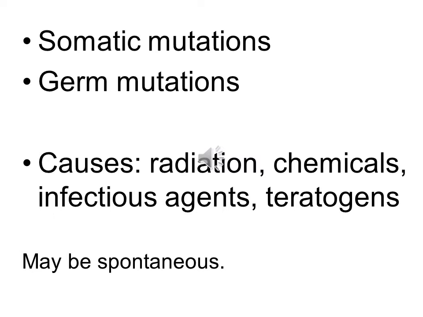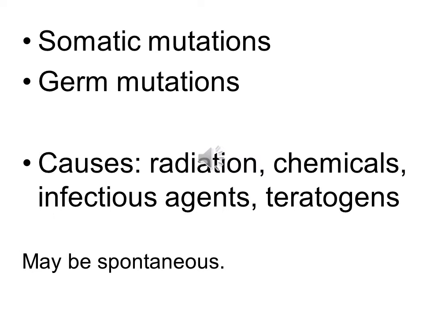So whether you're exposed to the radiation from the sun, the ultraviolet light, or whether you're exposed to what we might call nuclear radiation, this can change the sequence of your DNA. There are several different chemicals that will change the bases making up the DNA or interfere with the process of base pairing.